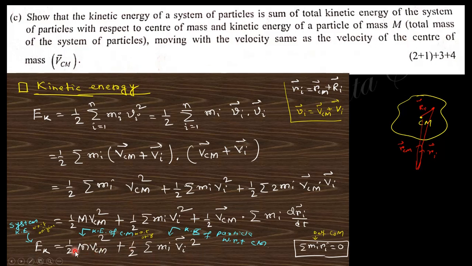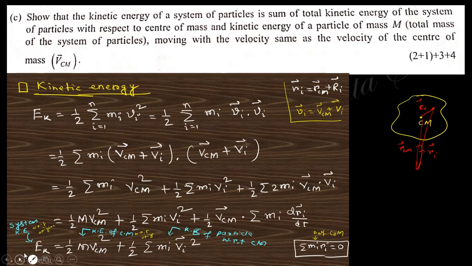One is the total mass times the velocity of the center of mass point squared, and the other is the particle kinetic energy with respect to the center of mass. So the kinetic energy of this body equals two parts. The first is the kinetic energy of the center of mass, where the total mass is concentrated, and the second is the kinetic energy of the particles with respect to the center of mass.